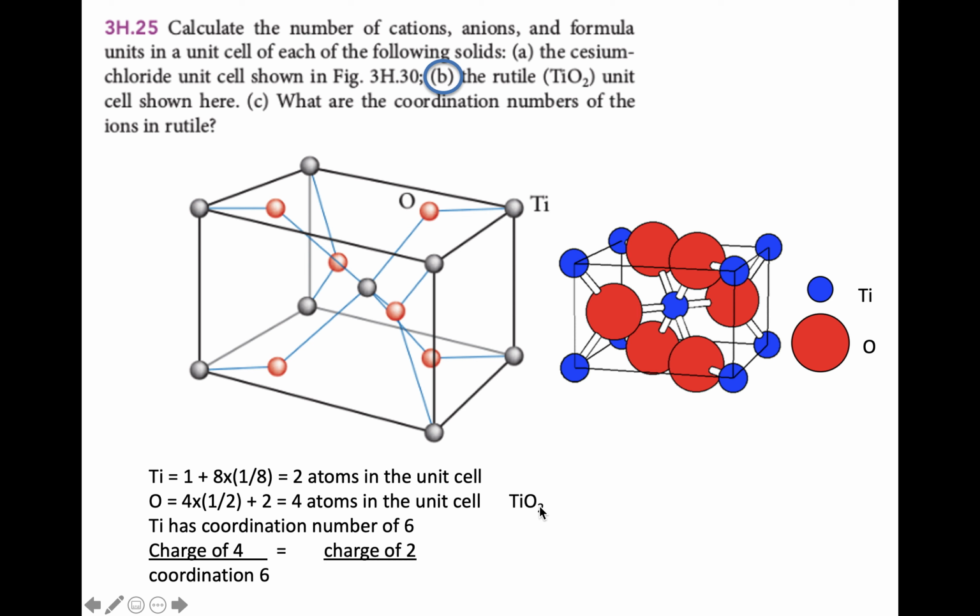Oxygen in my empirical formula is -2. So that tells me it has to have a coordination number of 3. Back to this idea of how it's the same proportion. Coordination number of 3, that's trigonal planar. If I look within my picture here, this oxygen atom, absolutely. Coordination number 3, trigonal planar, it all fits together.